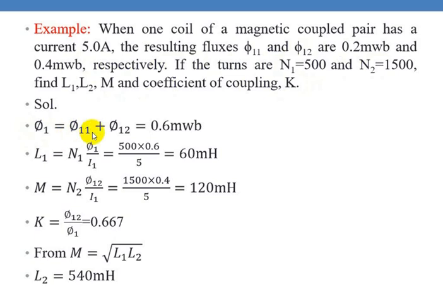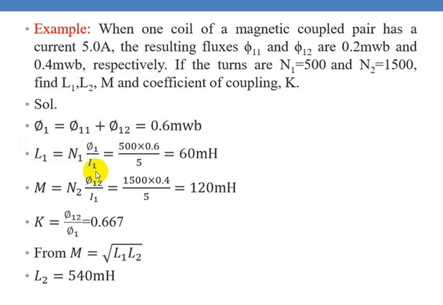So first coil flux will be Φ11 plus Φ12, which will be equal to 0.6 milliweber. So you add this 0.2 plus 0.4. Now let us find the inductance L1. L1 is nothing but, you know the formula, N1 into Φ1 by I1.